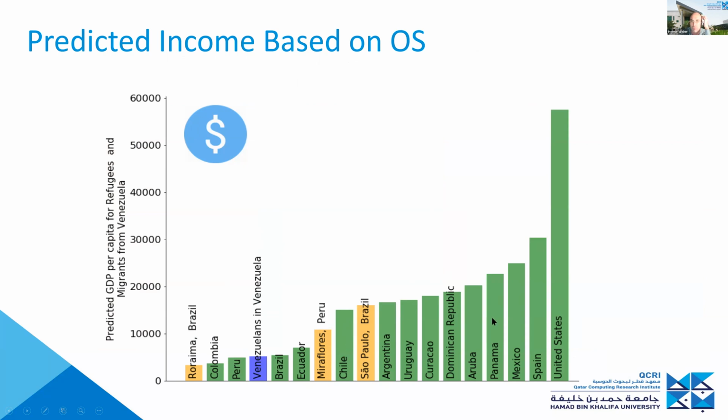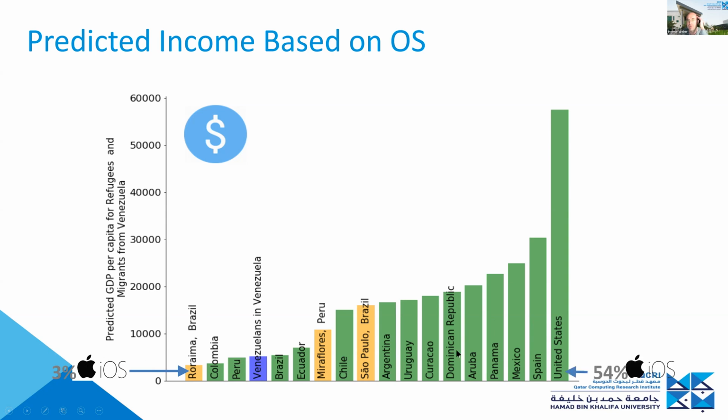Everything's always from Venezuela and in different host countries. Now, let's first just look at the order from left to right. On the left, you have the area where Facebook users were least likely to use an iOS device. So this is Roraima, Brazil. This is the jungle that people would walk to, just across the border. Almost no iOS users were found there.